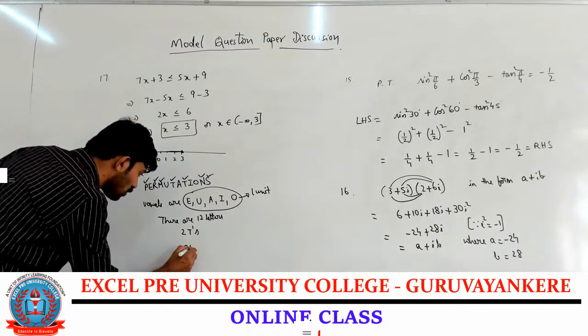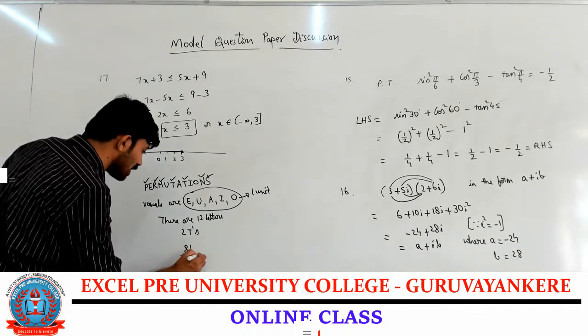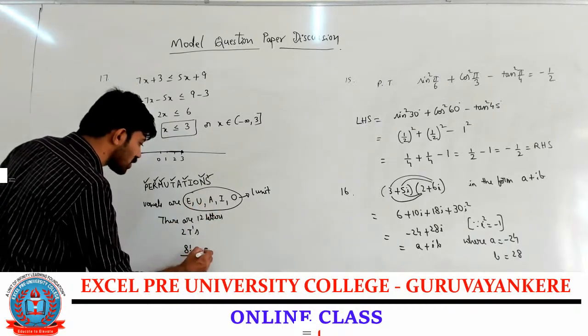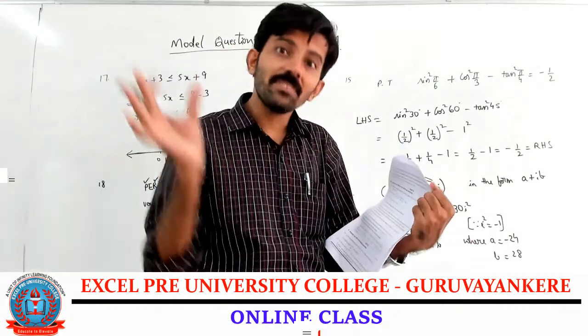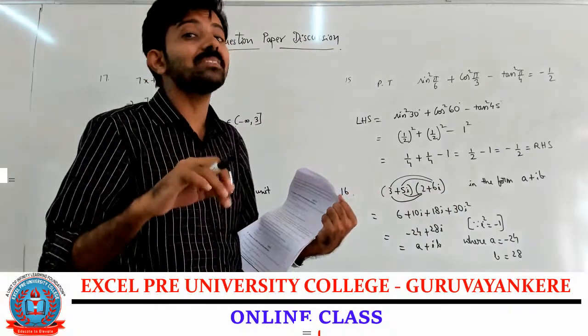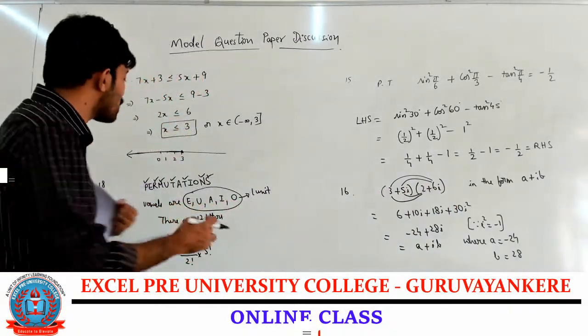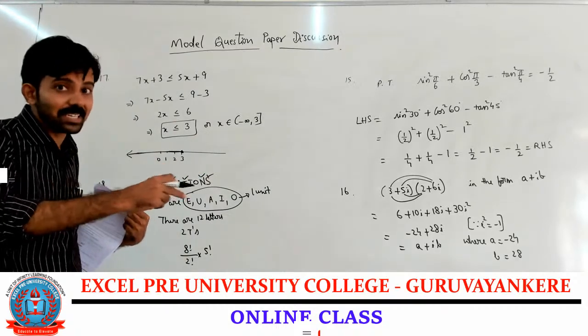So 8 factorial divided by 2 factorial, and the vowels among themselves can be arranged in 5 factorial ways. The 8 units can be arranged in 8 factorial divided by 2 factorial because there are 2 T's, repetition is there.